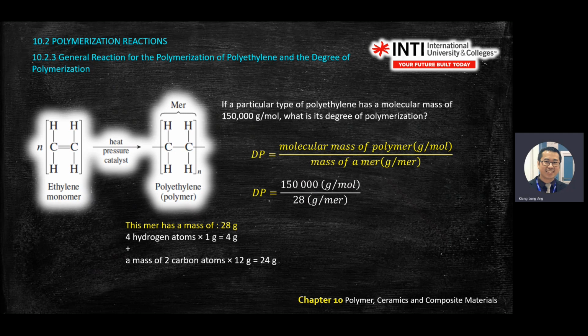So you have 2 carbon, which means 24 plus 4, 28. Then you do the simple calculation. This one you have 5000 g/mol. Anything wrong? Correct. Okay.